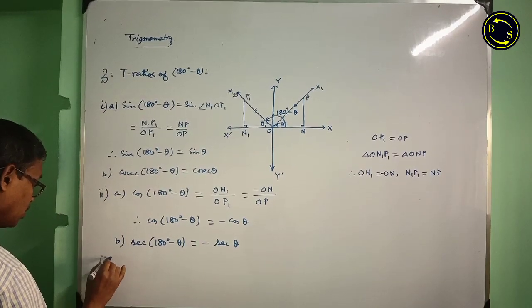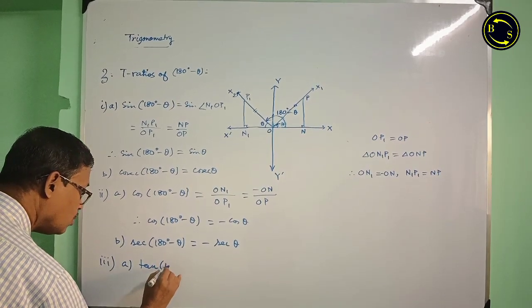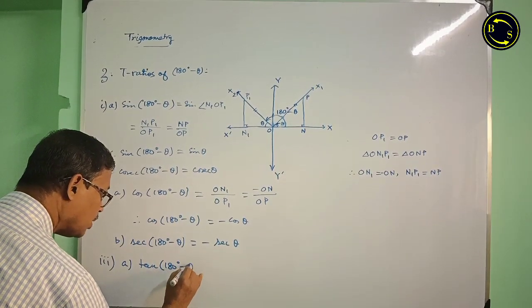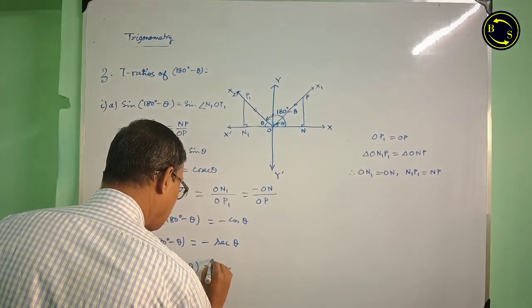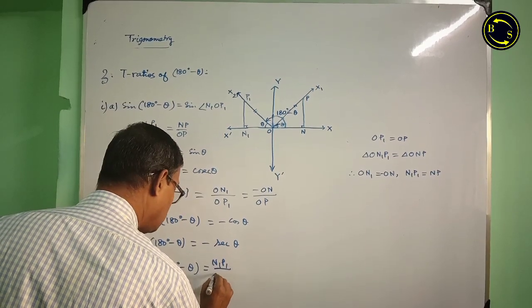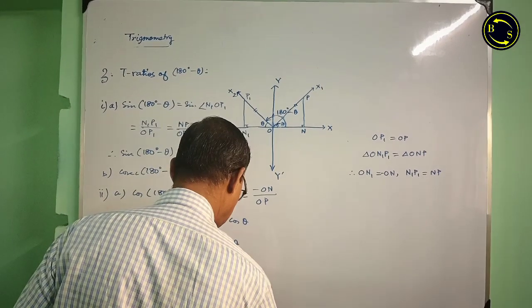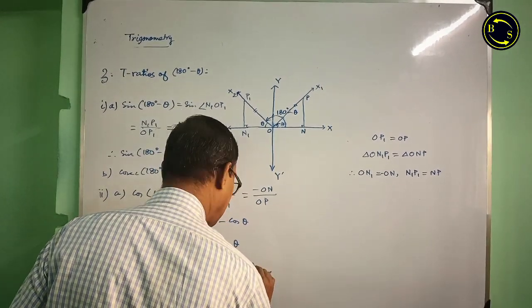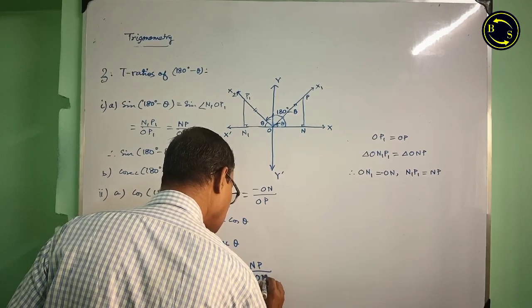Then tan 180 degree minus theta, N1P1 by ON1, N1P1 is NP, ON1 is minus ON.